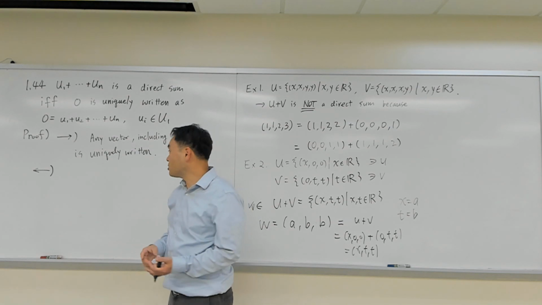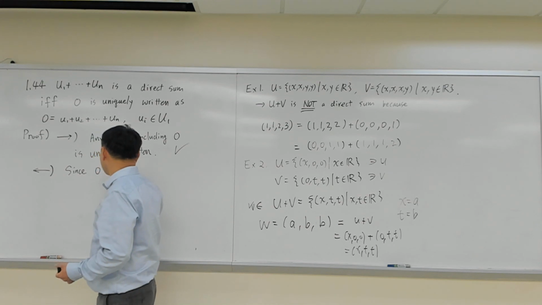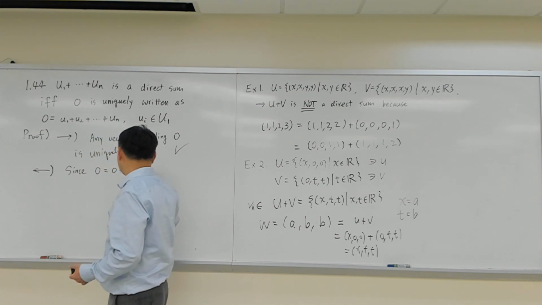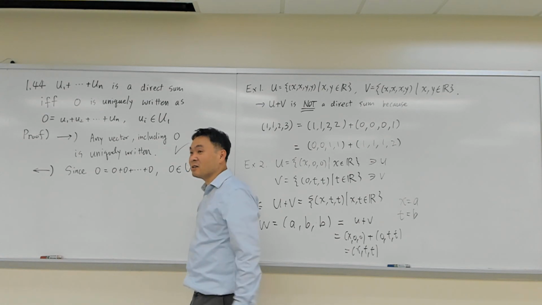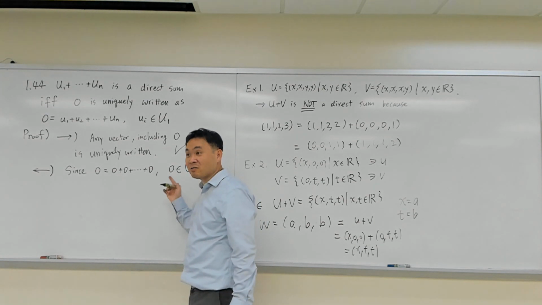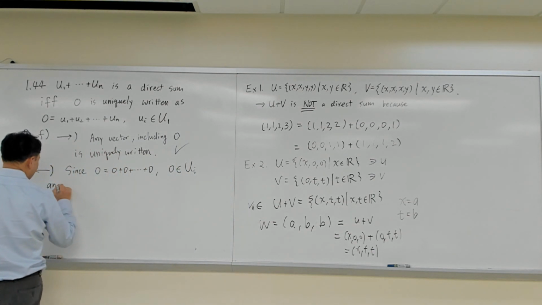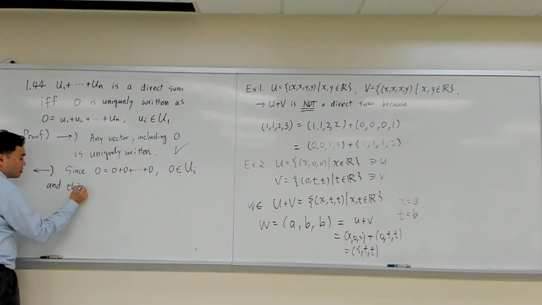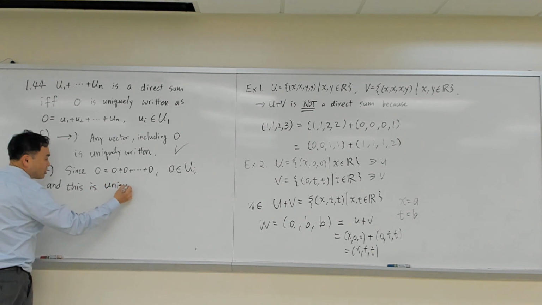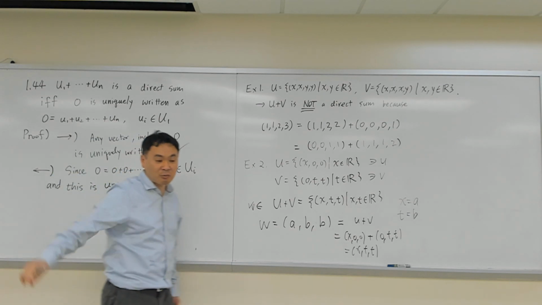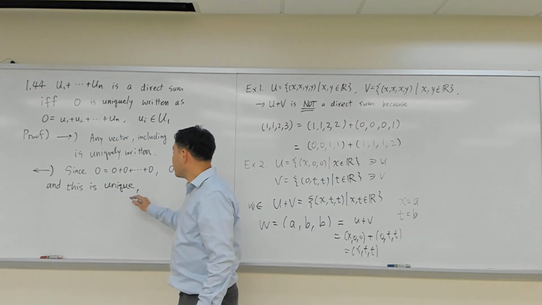Zeros, right? So since 0 is equal to 0 plus 0, with 0 in each one of these Ui's, right? 0 is in any subspace, that's given. And this is unique. In other words, there's only one way to write 0 as a sum of elements from these subspaces. What does that mean?